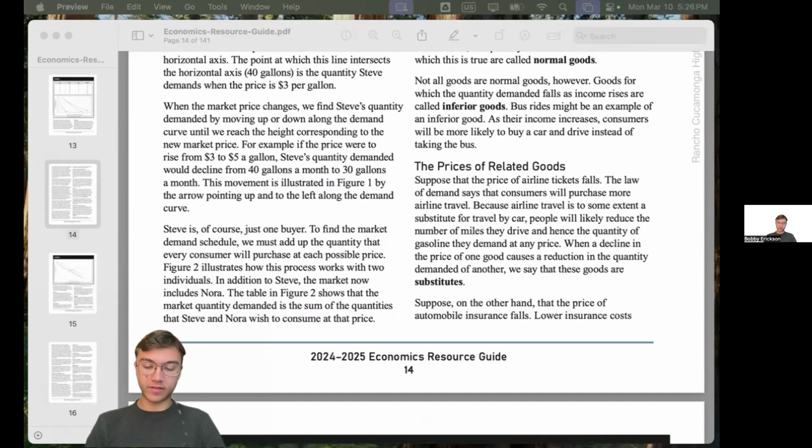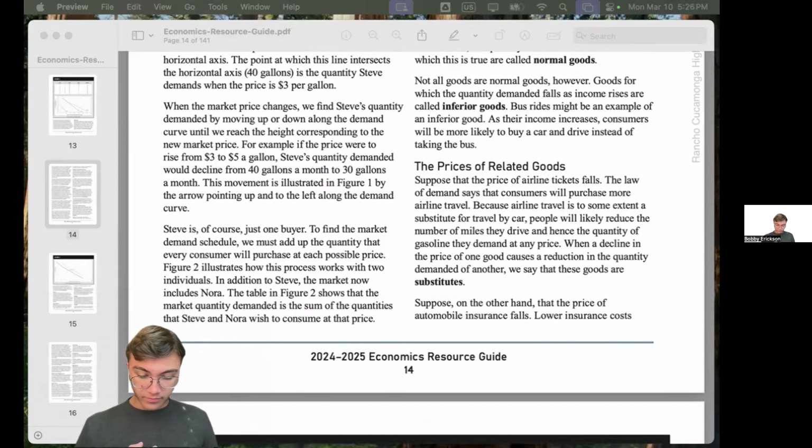Then we have the prices of related goods impacting the overall demand. The price of an airline ticket falling means that demand will increase because people will be more willing to do airline travel.